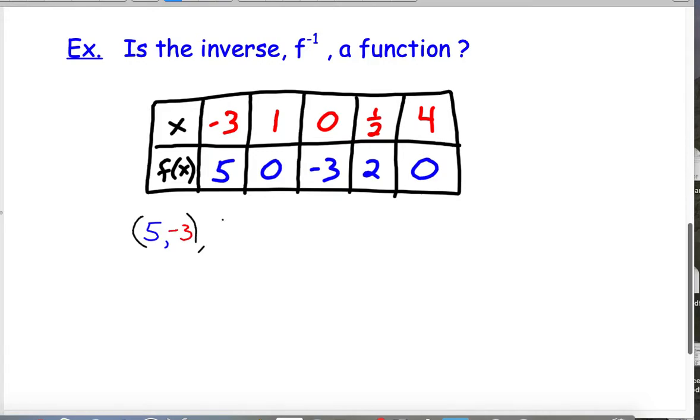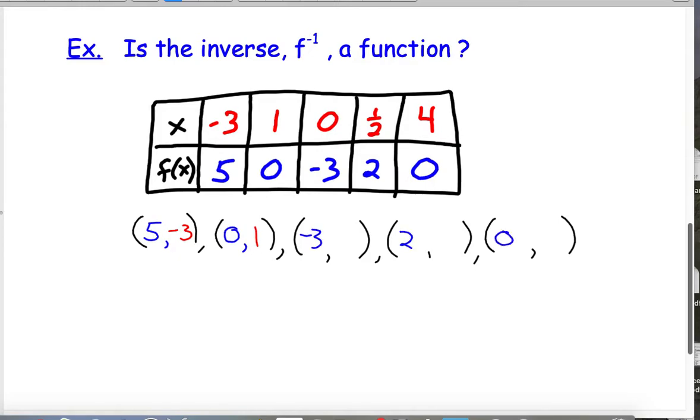And instead of 1, 0, now we have 0, 1. And then we're going to have -3 in this spot, 2 here, 0 here. And then the inputs become outputs. We have a 0 here, a 1/2 here, and a 4 here. So all I did was change all my inputs to outputs and outputs to inputs.